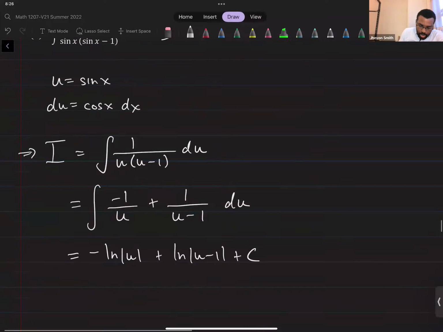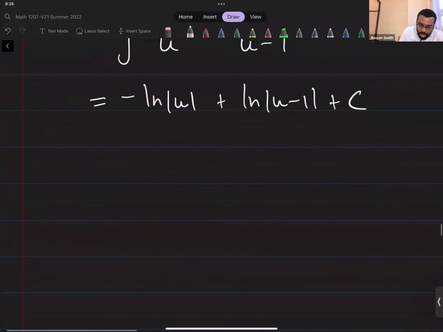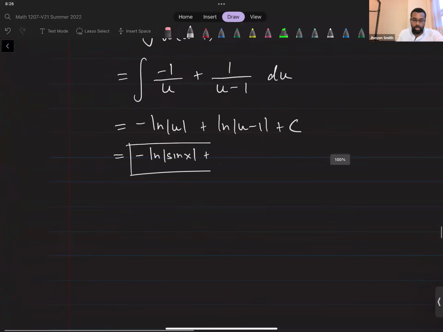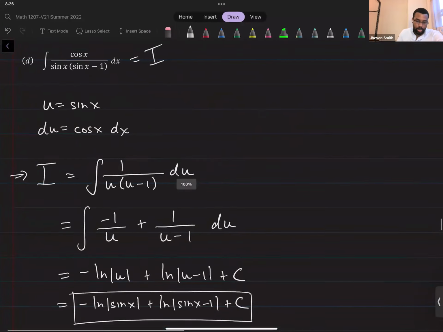And because this was a substitution, I'm going to replace it. U was sine. So that's my antiderivative. Okay.